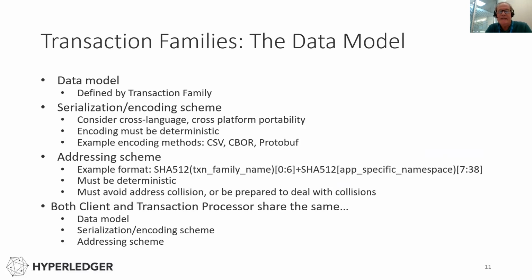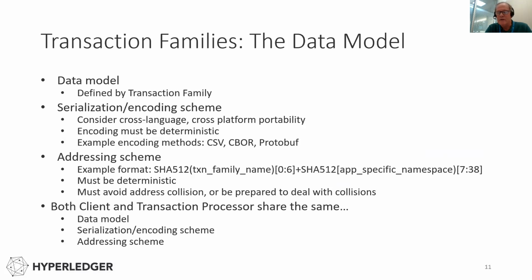The addressing scheme is a prefix followed by a hash of some namespace. The first 6 hex characters are usually the hash of the family, a SHA-512 hash of the family name, truncated to 6 characters.